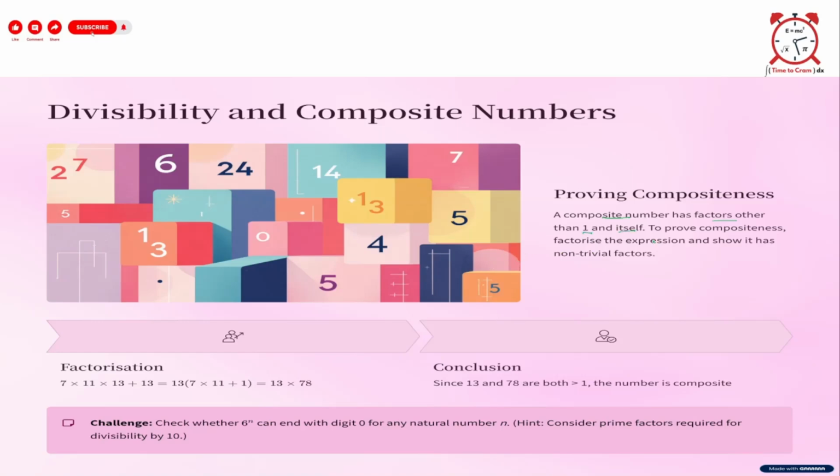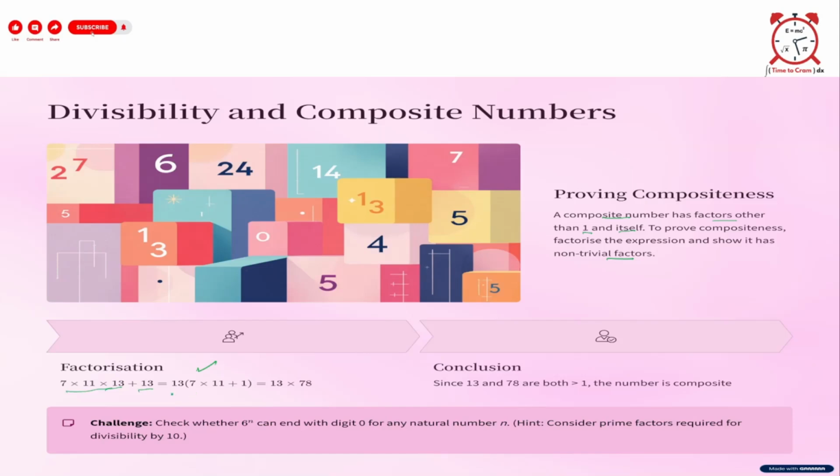To prove compositeness, factorize the expression and show it has non-trivial factors. So this sum is from the textbook. Factorization, 7 multiplied by 11 multiplied by 13, this is the one term, plus 13. We have to show here it is a composite number.